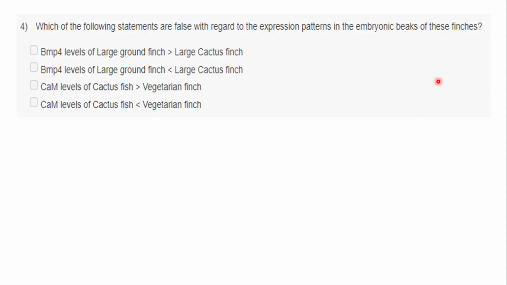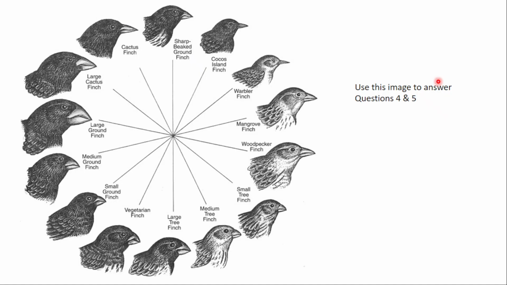Now you have to tell me which of these statements are false with regard to expression patterns in the embryonic beaks. There are two players here, BMP4 and CaM, and you have to compare the levels between BMP4 in large ground finch and large cactus finch. If you refer to the diagram, large ground finch is this one, and this is the large cactus finch.